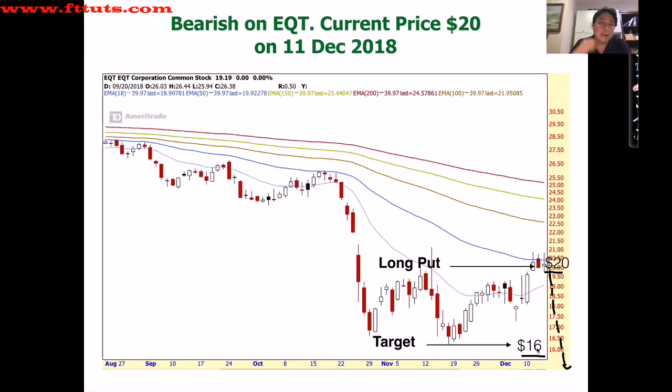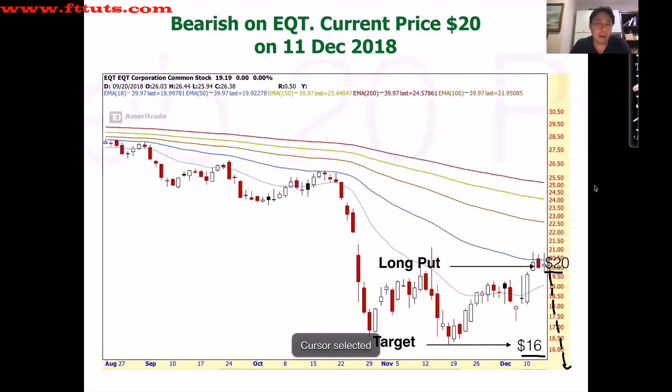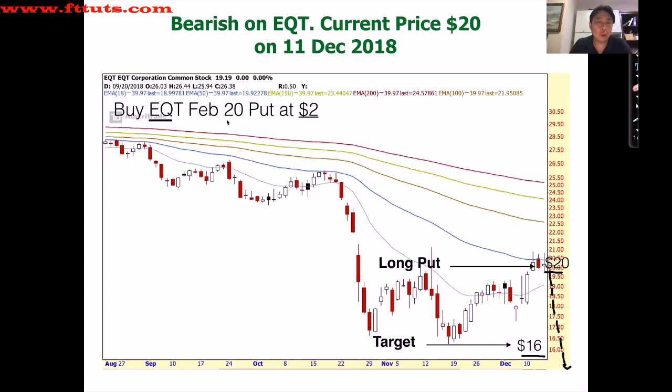So how could I take the trade? Well, I'll buy a put. I could buy a put at the money. So if I buy an at the money put, it would be a 20 put. So 20 would be the strike price. And again, I take a look at the option chain and I select my date to expiration.